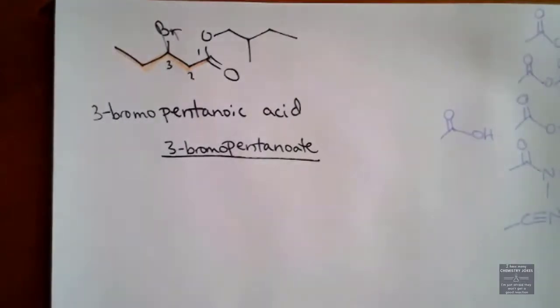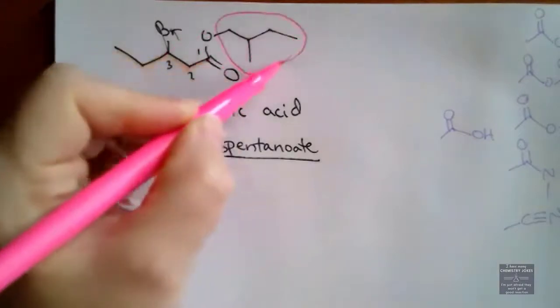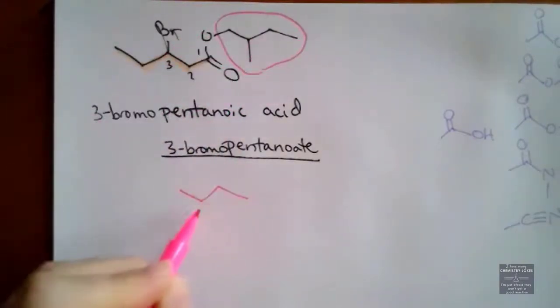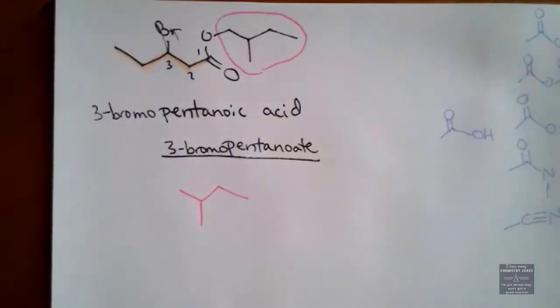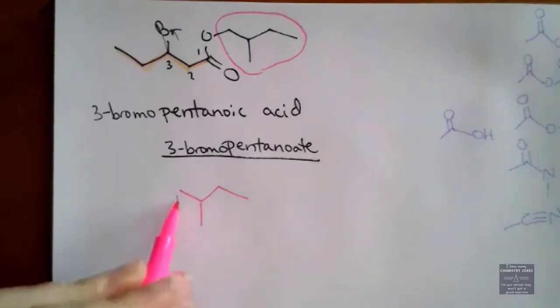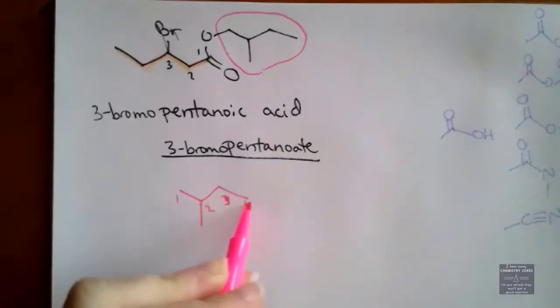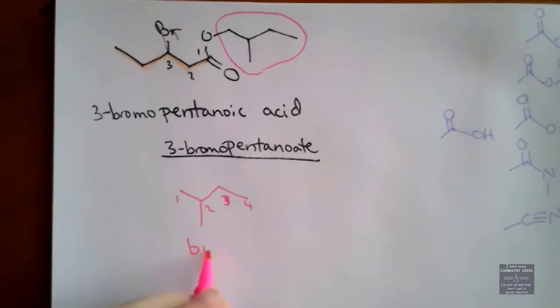On the other side of the ester, the single leg thing, you need to name that separately. And we're saying this thing has 4 carbons, so it's a butyl or a butane. It's a 2-methylbutane.